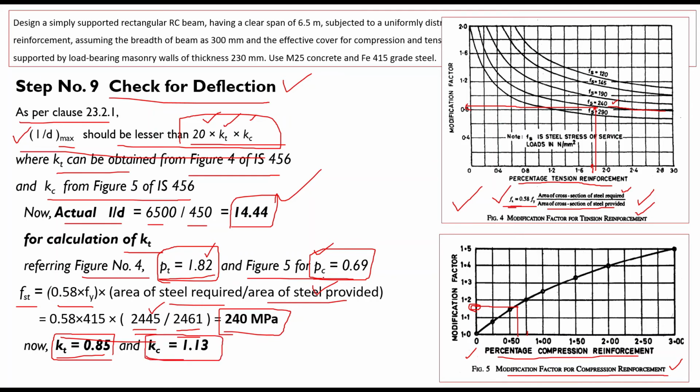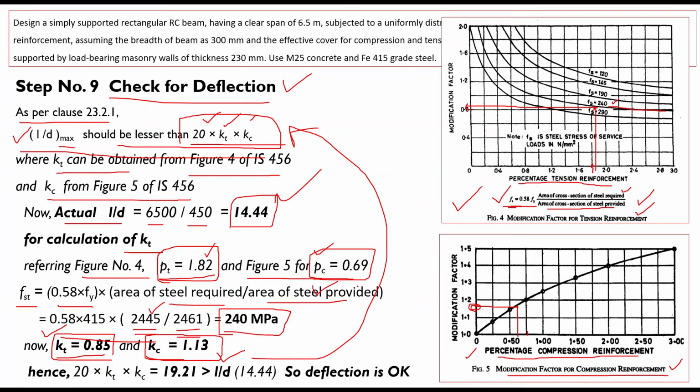So up to this point we have calculated the value of Kt and the value of Kc. Now we can put these values in this equation, and we get the value 19.21.